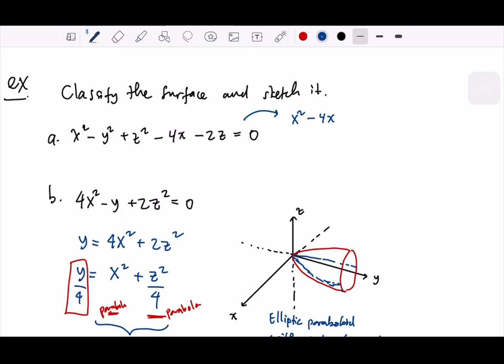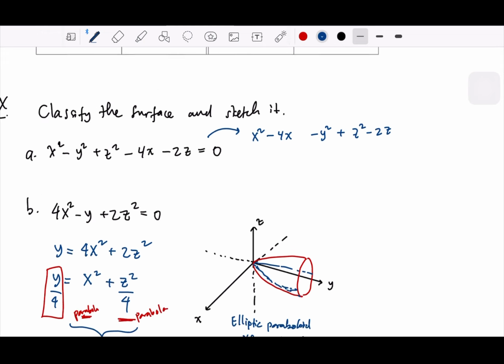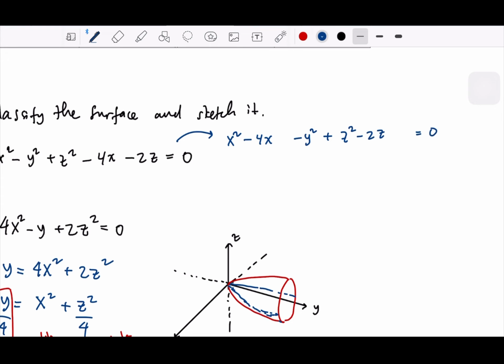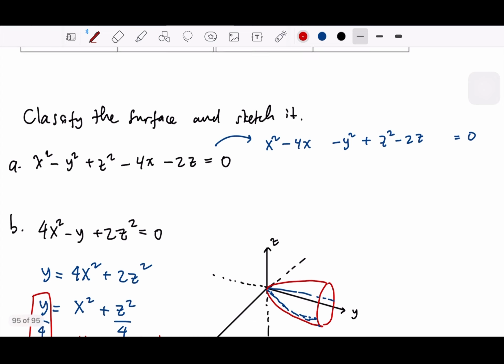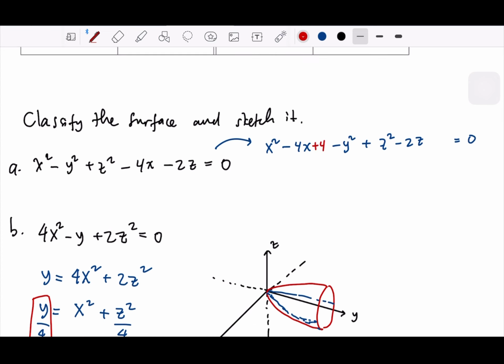Okay, we try grouping for each variable for number A. We are using the complete standard form. We try to simplify.